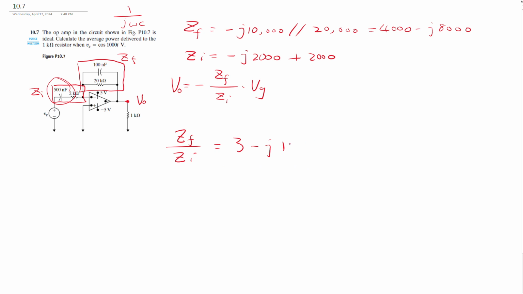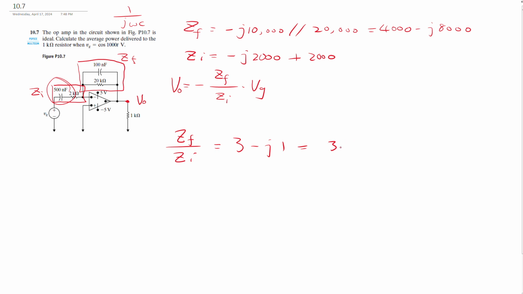The magnitude is the important part, because we don't really care about the angle.